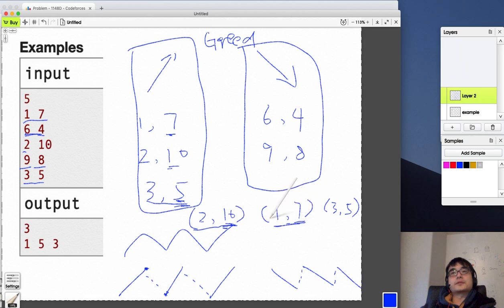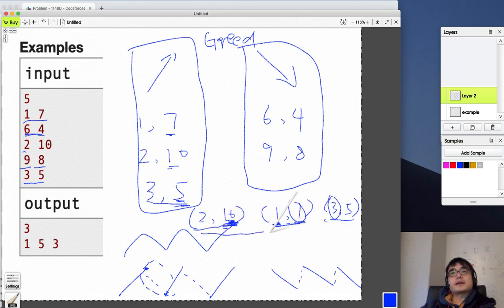And we need to check that the left side of this number pair is less than the second part of the first number pair to ensure this property, right? And we can check the third to make sure that the first half of this pair is less than the second half of the last pair, right?